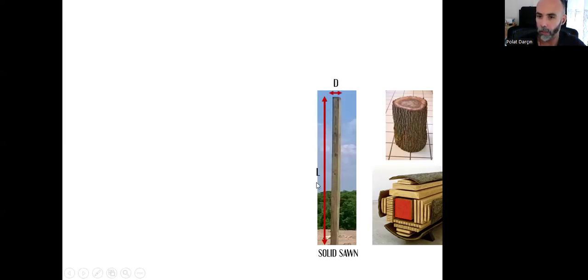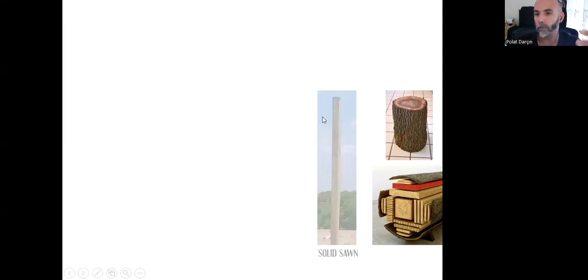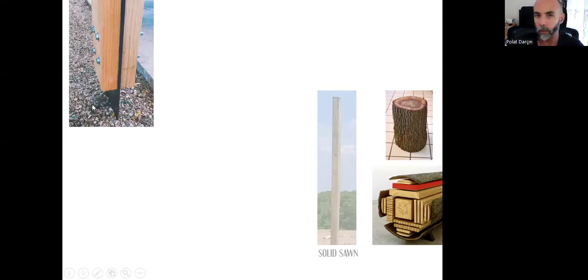Let's say this is L meters, and that's D centimeters. There needs to be this proportion. L divided by D needs to be smaller than 50. That's important for us.